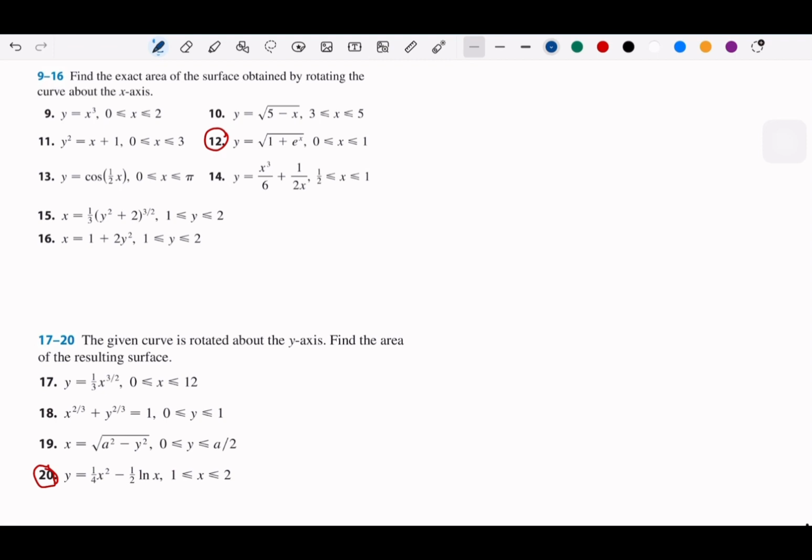And then it has the e, which means it's going up, right? So it's safe to say that the radius will be y, okay? So we can first write that. And then since we are given the boundary in x, we are going to approach it with dx.